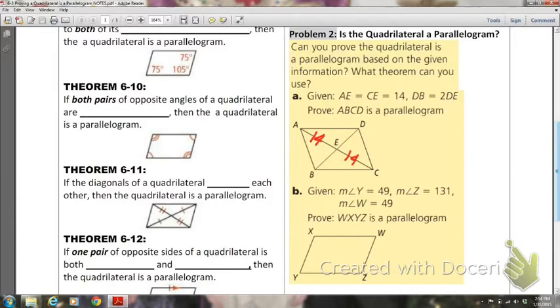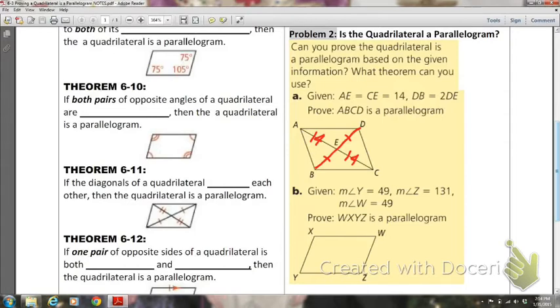Put that on the diagram. And it tells us that DB is 2 times DE. So if it's 2 times DE, that means that DE and EB have to be congruent to each other.